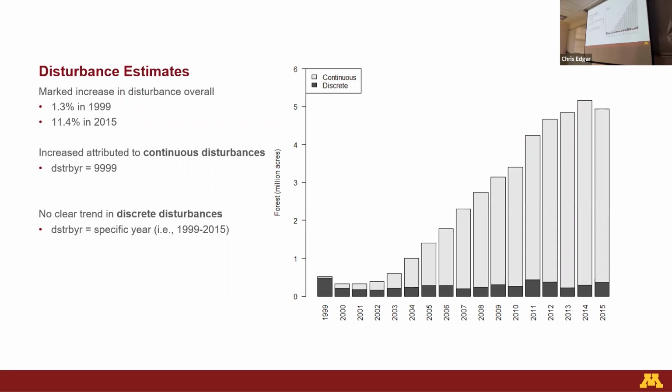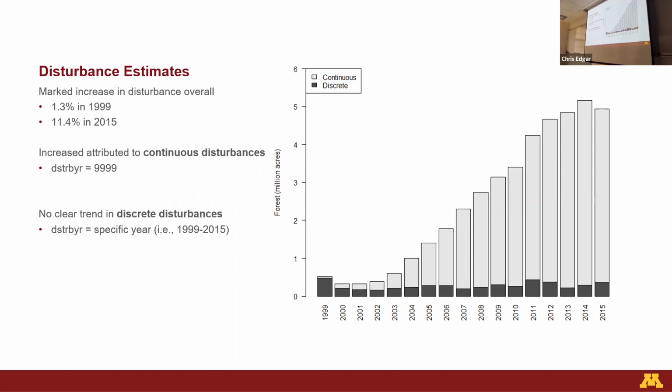And there's the results, which shows a large increase in disturbance annually from 1999 to 2015. 2015 is notable for the first year in quite a long number of years where we actually see a drop in disturbance. So talking here's the million acres. And so it's 1999, 1.3%. And in 2015, 11.4% of the forest.